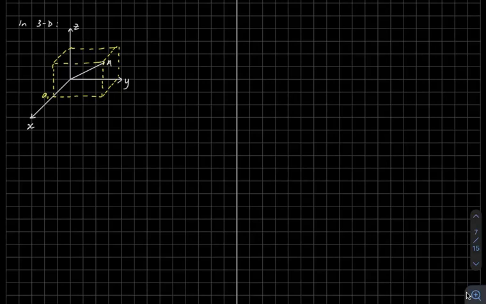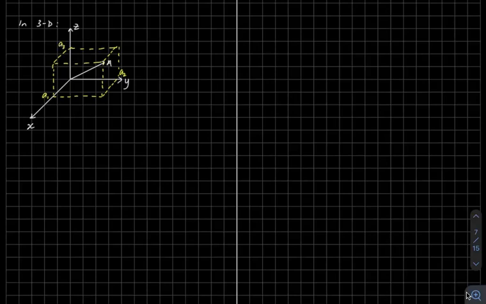Its component in the y direction is this one here. And again, we could write that as a vector. So let's say that is a magnitude of a2, and then its component in the z direction is this one here, which we could write as a vector. Let's say its magnitude is a3.